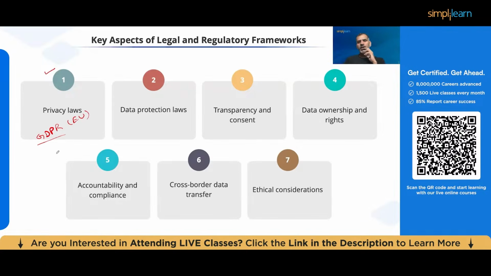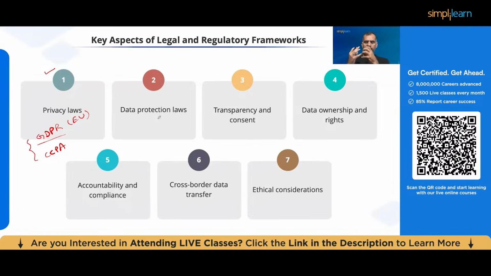There is another law called CCPA, the California Consumer Privacy Act, and these are the two laws mainly defined to govern the privacy of an individual's information. That individual could be a customer or a client of a particular service provider company, a bank customer or telecom customer, any customer. So we have a specific set of rules that defines the privacy framework of any individual's personal information.